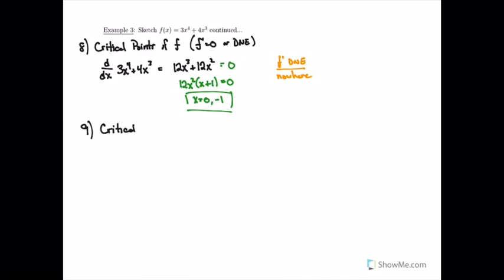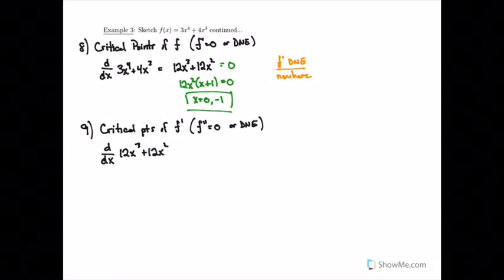We're then going to do the same thing for the derivative. That's finding when the second derivative is 0 or does not exist. Here we're going to look at the derivative of the derivative.